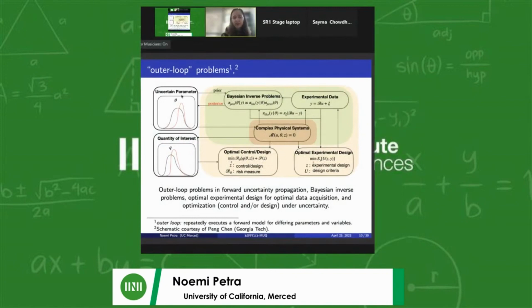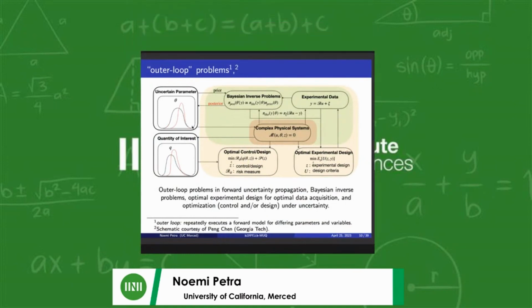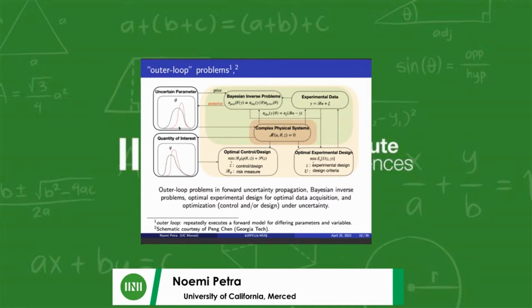It's proportional to the likelihood times the prior. The prior can be modeled in various ways. Here I'm showing in red a prior placed on the input or on certain parameters, and typically we model it as a Gaussian, so mean and covariance. We'll talk about that later.